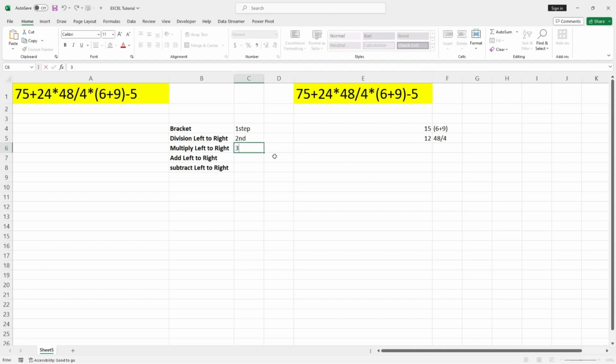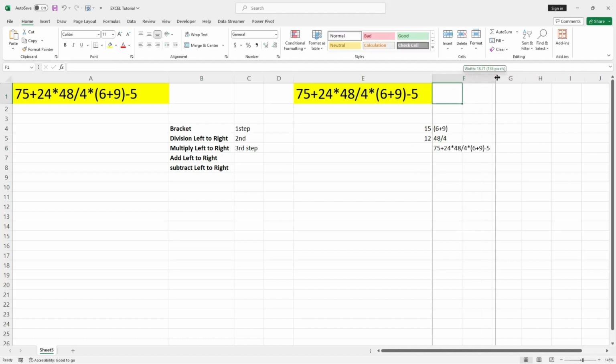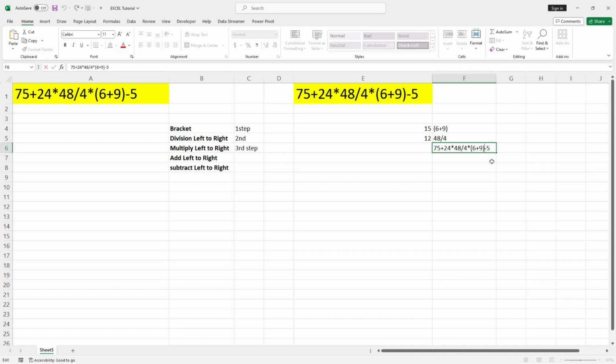The third step will be multiply left to right. After dividing 48 by 4, you get the value of 12, and also the first step gave you the value 15.